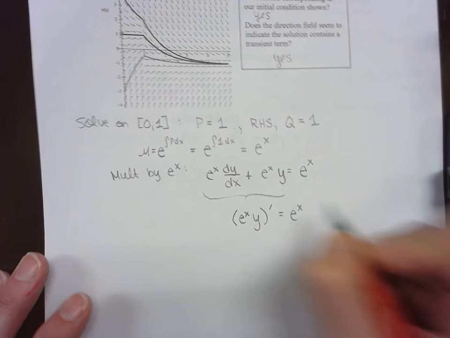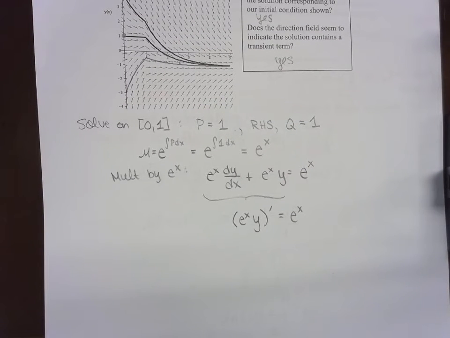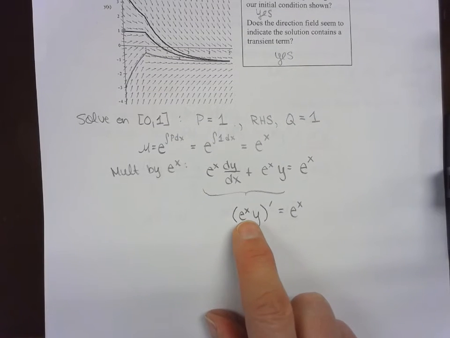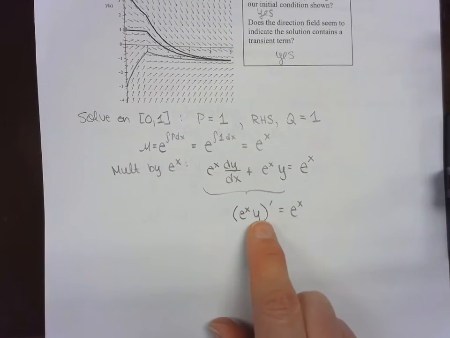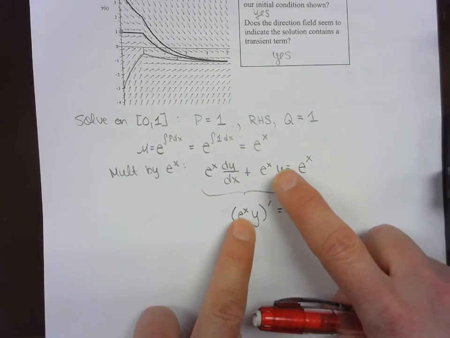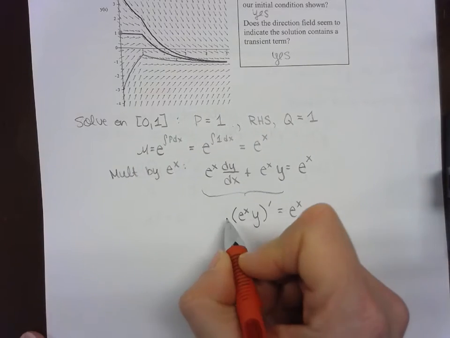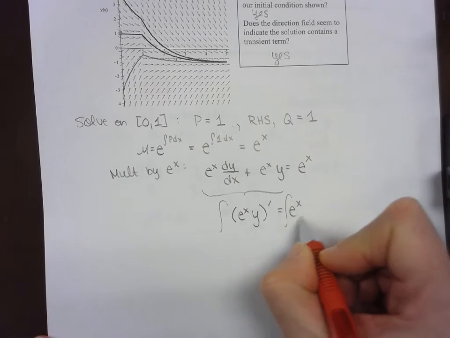I always check before I go on. If I apply the product rule to e to the x times y, first times the derivative of the second plus the second, which is y, times the derivative of e to the x, which is e to the x. So that's correct. Now that I know the left-hand side is a derivative, we can integrate both sides.